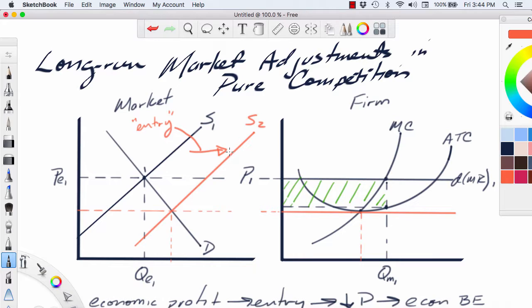Entry is a phenomenon that happens in the long run. So as that supply curve drives to the right, you should see that the equilibrium price for corn is falling, and the equilibrium quantity of corn is increasing. So the equilibrium price falls and the equilibrium quantity increases.